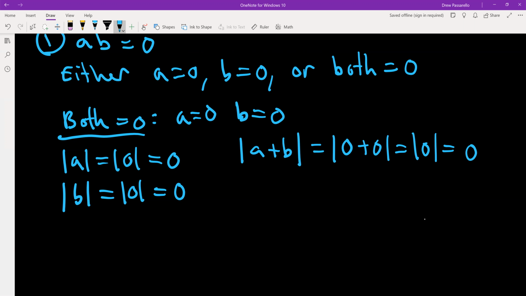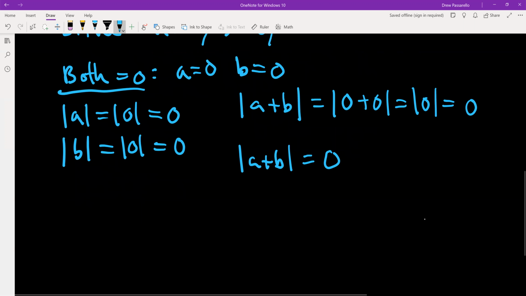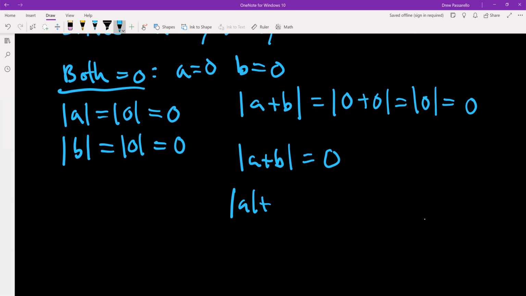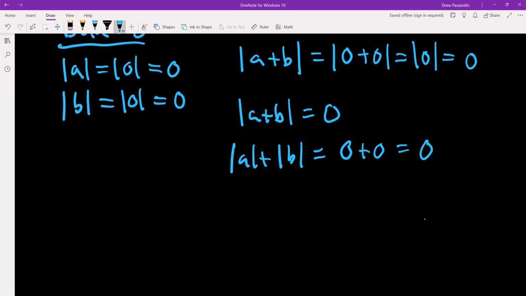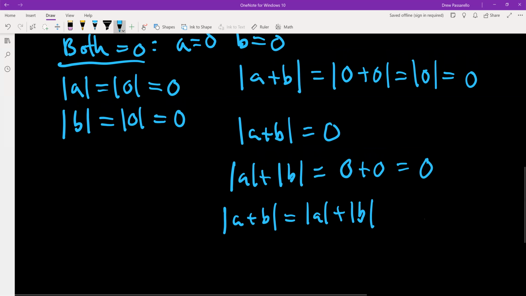Thus, we have absolute value of a plus b equals 0, and absolute value of a plus absolute value of b is 0 plus 0, which is 0. And therefore, we've shown, for this case, absolute value of a plus b equals absolute value of a plus absolute value of b. All right, that's when they're both 0.